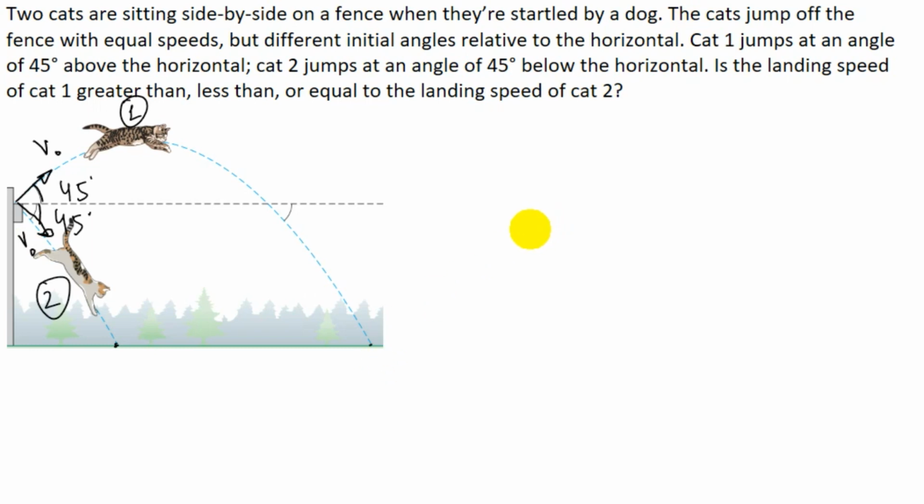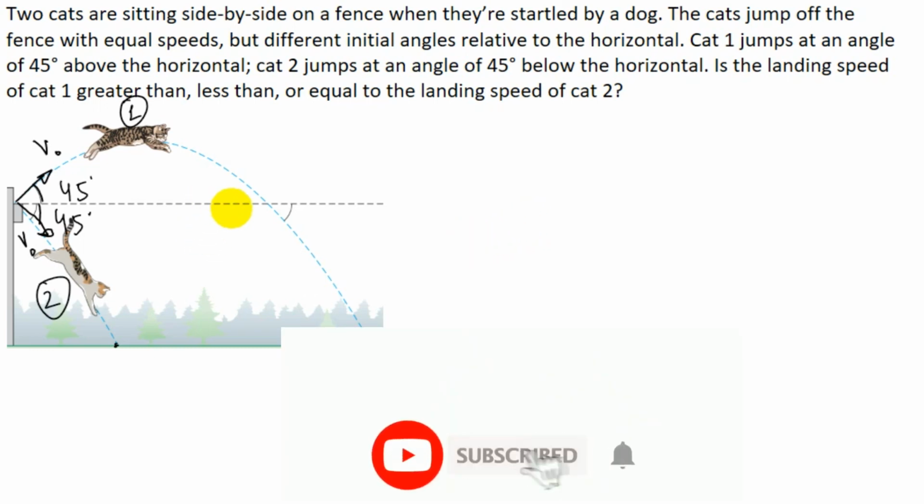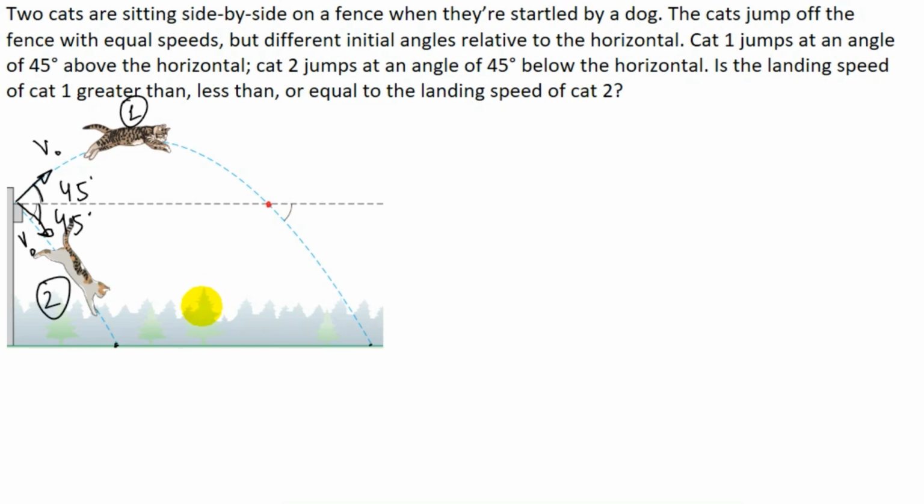Now from the symmetry of the projectile motion, we can say when cat 1 returns to the level of jump at this position, its speed will be the same as its initial speed. And further, cat 1 is moving downward at an angle of 45 degrees below horizontal, because here it was 45 degrees above horizontal.